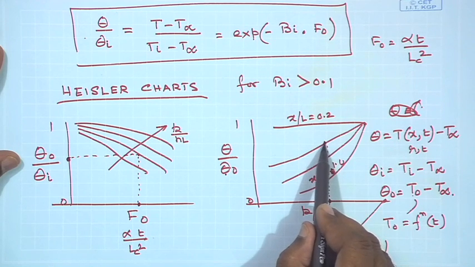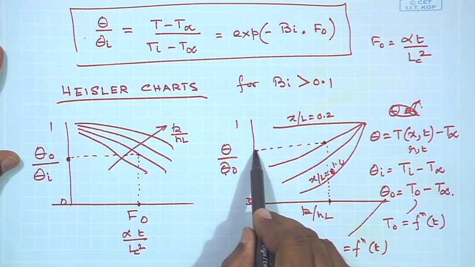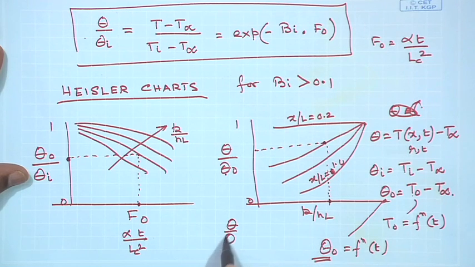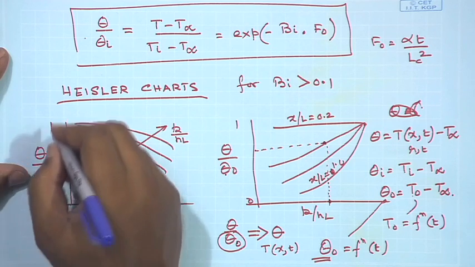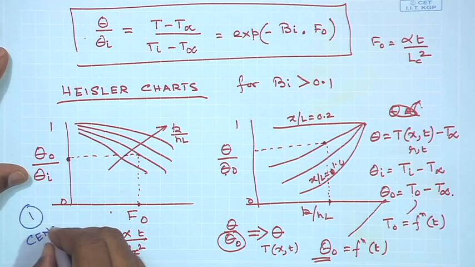So, let us say I desire x at this point, and then come to this side to find out the value of theta by theta naught. Since theta naught is known to me from the first figure, I would be able to obtain theta, that means what is T as a function of both x and time.